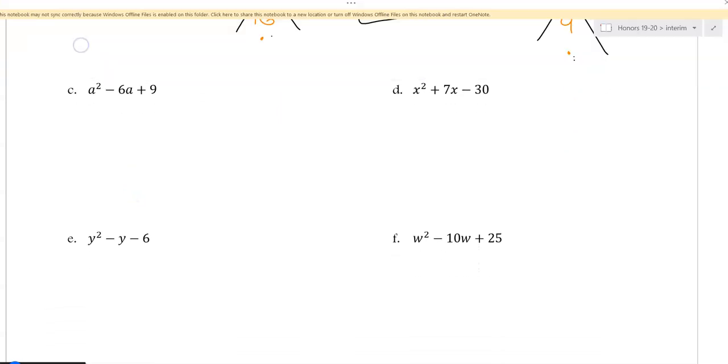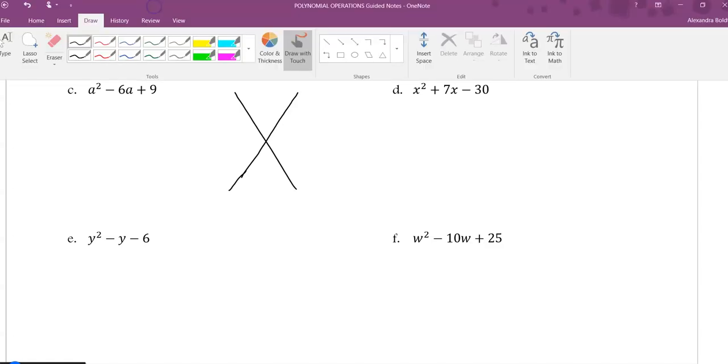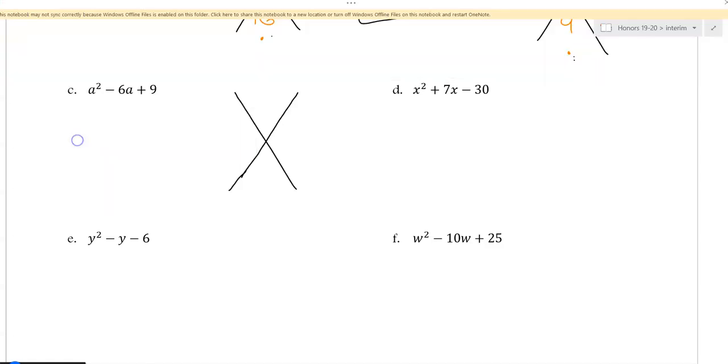But none of those are going to add to negative 6. So we do have to be careful. 3 and 3 add to positive 6. But I want negative 6. So you have to start playing around with negatives. Okay, so you have to be very comfortable with positives, negatives, and your multiplication rules. Negative times a negative is a positive, so negative 3 times negative 3 is still 9. And then negative 3 plus negative 3 is negative 6. So I have a minus 3 and a minus 3.